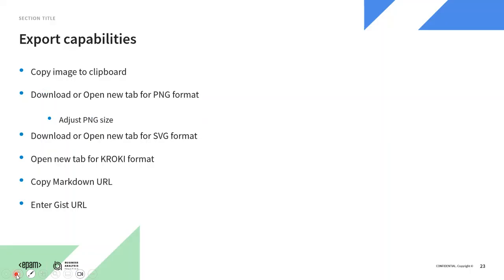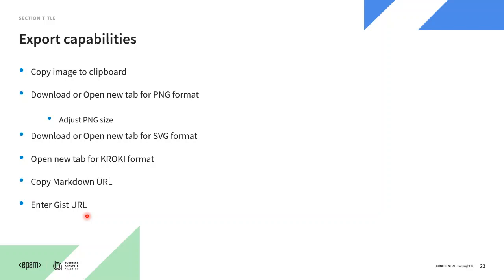Export capabilities. This is about the live editor. After you are done creating the diagram, you can copy the generated image to the clipboard to paste somewhere you like. You can download or open a new tab for PNG format or SVG format, however you prefer in your documentation. You can also adjust the PNG size, height and width.